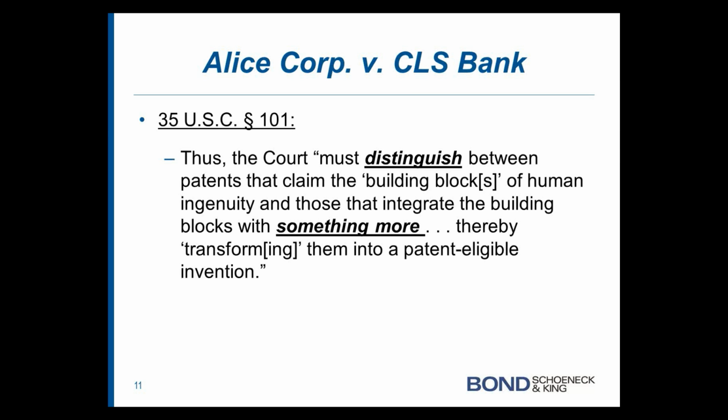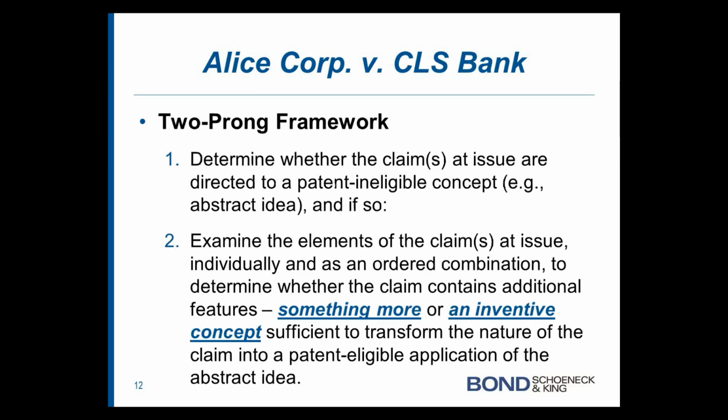The Supreme Court also recognized that you must distinguish between patents that claim the building blocks of human ingenuity only and those that integrate these building blocks with something more. And that's a key phrase that we'll be touching on a lot today, something more, thereby transforming patents that simply only contain an abstract idea into a patent-eligible invention.